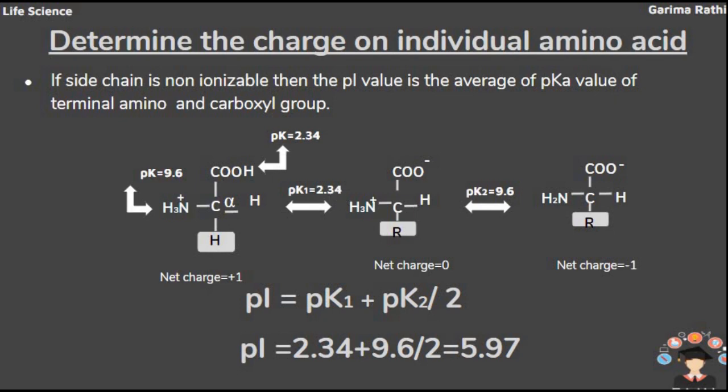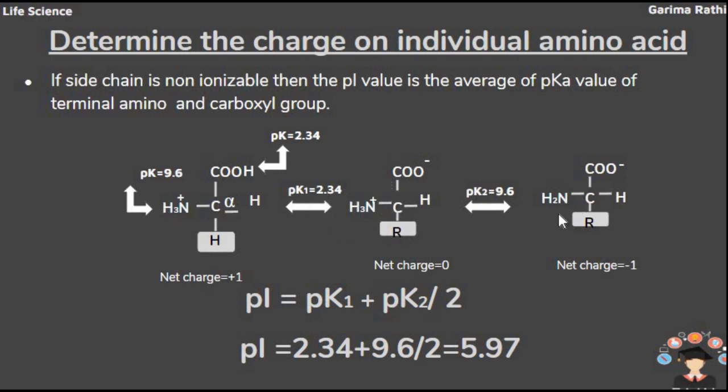When the titration proceeds up to the pK value of 2.34 of the carboxylic group, the deprotonation of the carboxylic group gets started. Okay, so when this proceeds, it reaches a pH value where the net charge on the amino acid gets cancelled out, so that the net charge of the amino acid is 0. After reaching the pH value of 9.6, that is the pK value of the amino group.